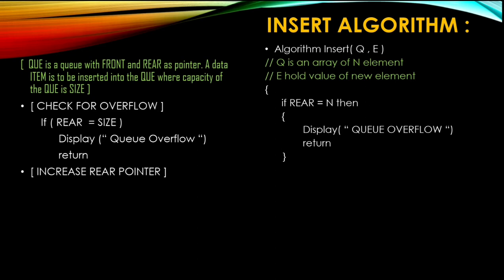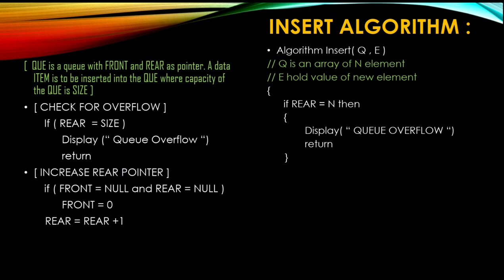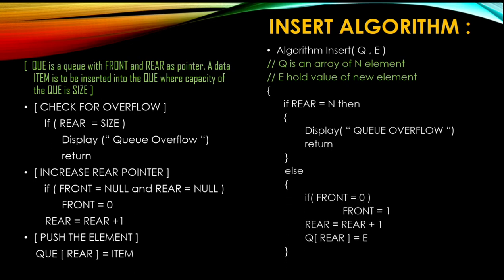And if we want to insert an element, then we have to check whether front is equal to null or rear is equal to null. Then we have to keep front in the 0th location and we have to increase rear by 1. If we insert an element, then we insert that element in the rear position. And if it is not an overflow condition, then the else part will be executed.